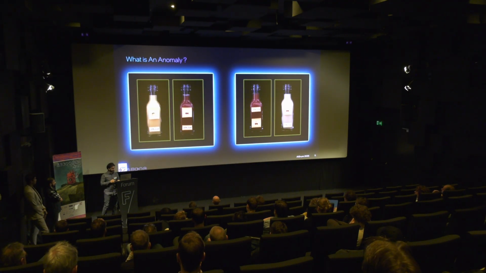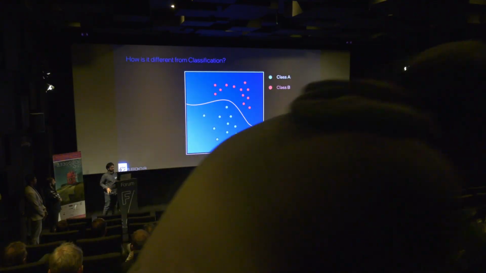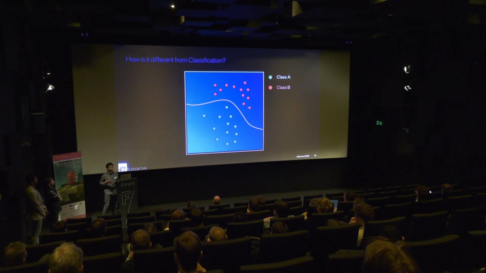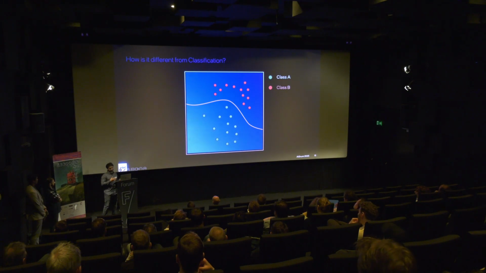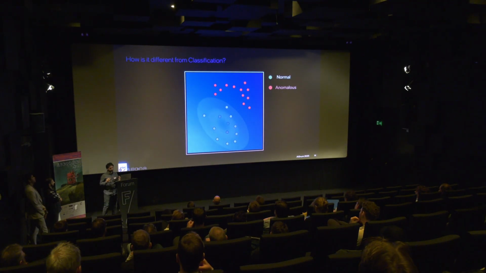So how does it differ from classification? In classification, as an easy example, we have two classes, and you have images from both classes. What we essentially try to do is understand the boundary between the two classes, where everything on one side of the boundary is class A, and the other side is class B. But anomaly detection is in a way unbounded by nature.